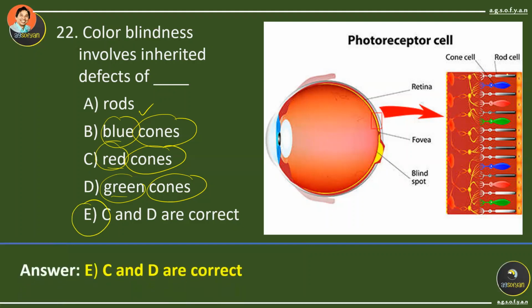If you see this, the rod is for black and white, and then there are the blue, red, and green cones.